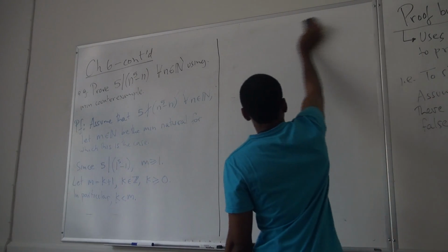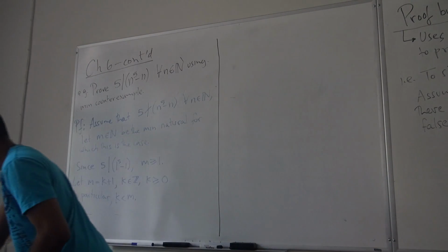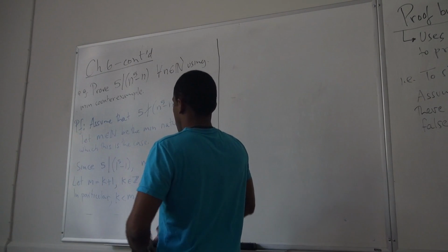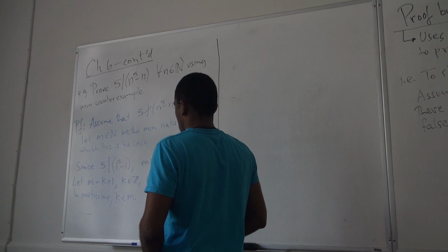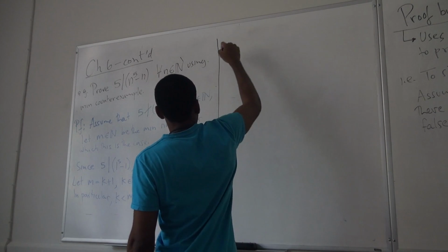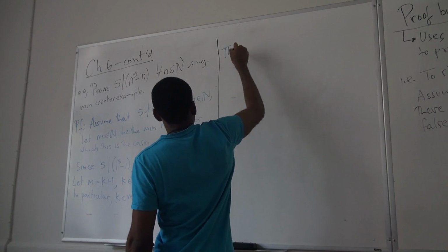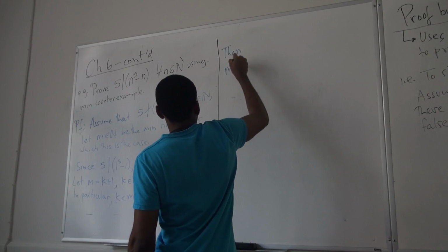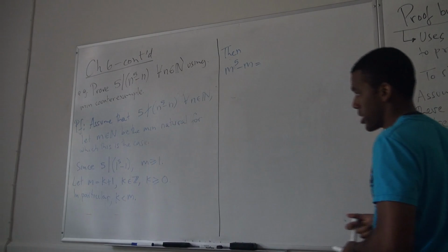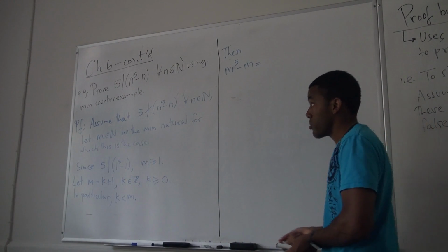Now we're going to want to get a contradiction from all this. So, what do you think we're going to do? We can say something like, if I look at n to the 5th minus n, basically what I'm going to do is show that 5 actually divides this, which is going to give me a contradiction, because I'm assuming 5 doesn't divide.